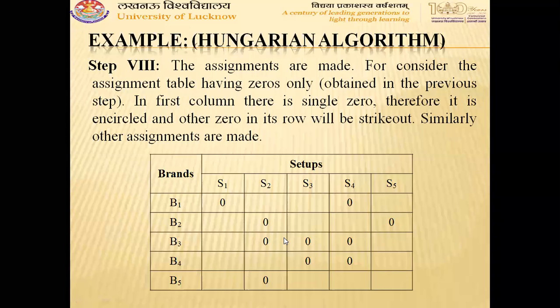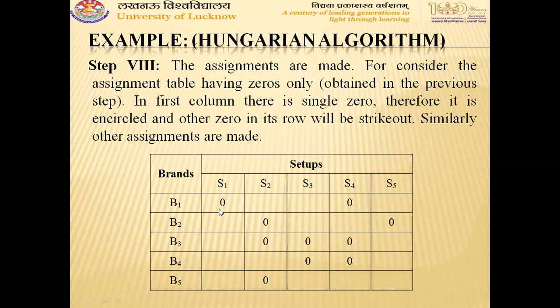Now we make the assignment. Here in the first column, we can see there is only one zero. So we encircle this zero, and all the other zeros in the row of this zero will be crossed off. So this zero occurs in the row of B1, so there is only one zero.